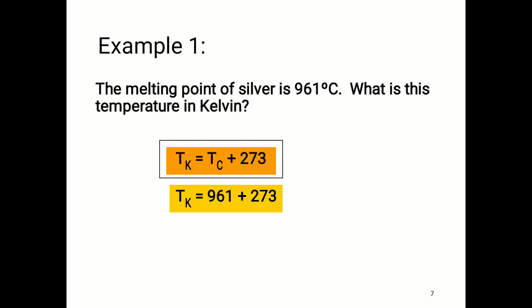So you have 961, you have to add 273, and you will get 1234 Kelvin. So 961 degrees centigrade, if you want to convert to Kelvin, you have to add 273 and you will get 1234 Kelvin.